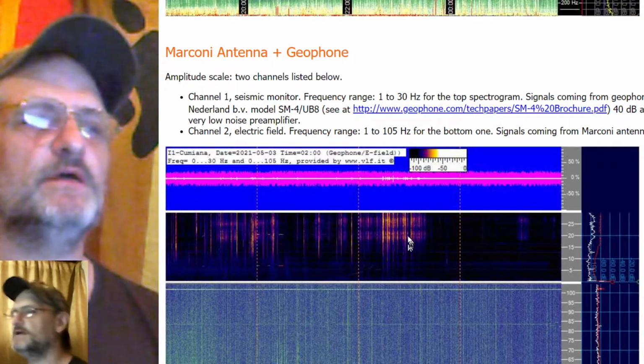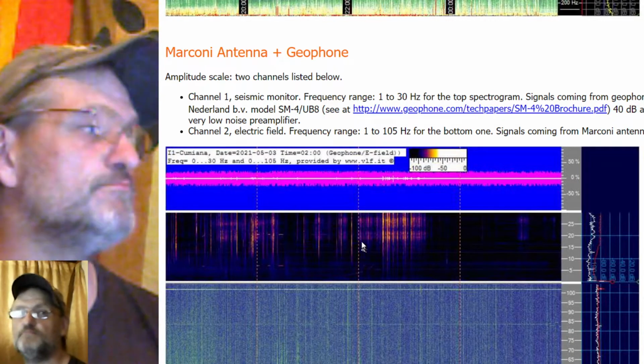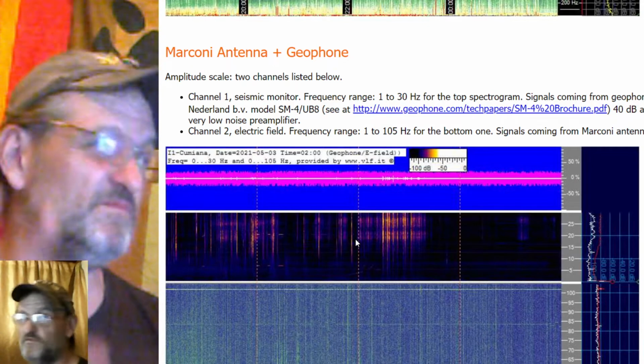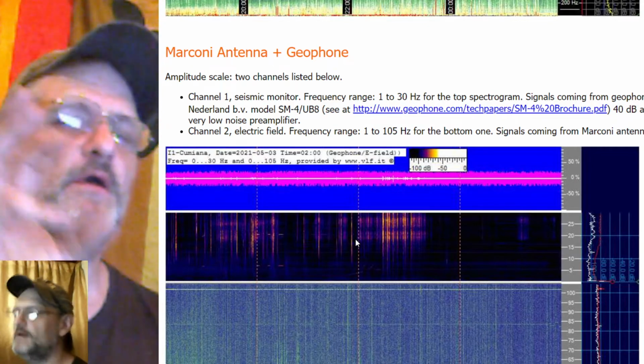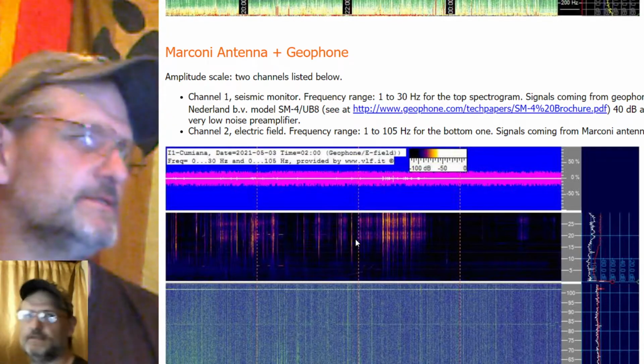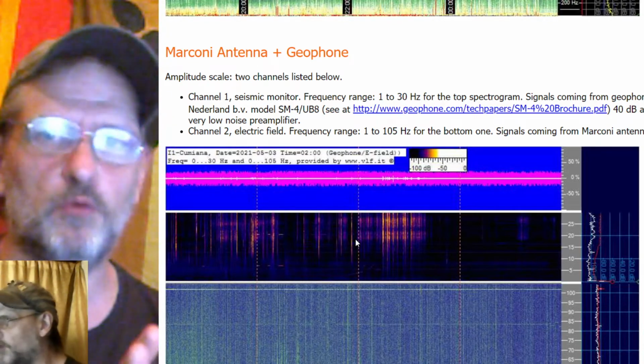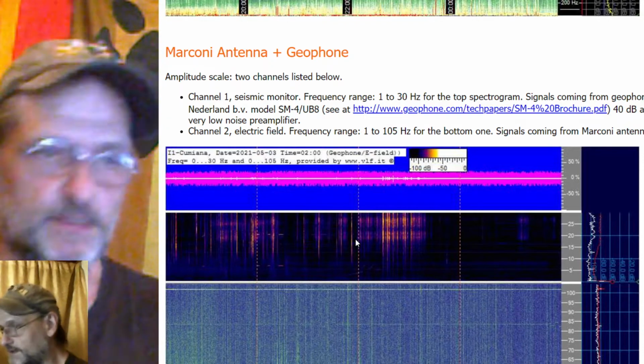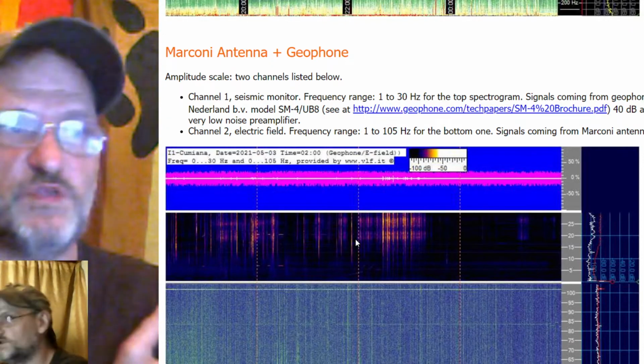This is the seismic meter, which is measuring the Earth's movement, and this is the strength, the intensity of the Earth's movement. You've got to remember that. Seismo relates to seismographic, which is Earth.